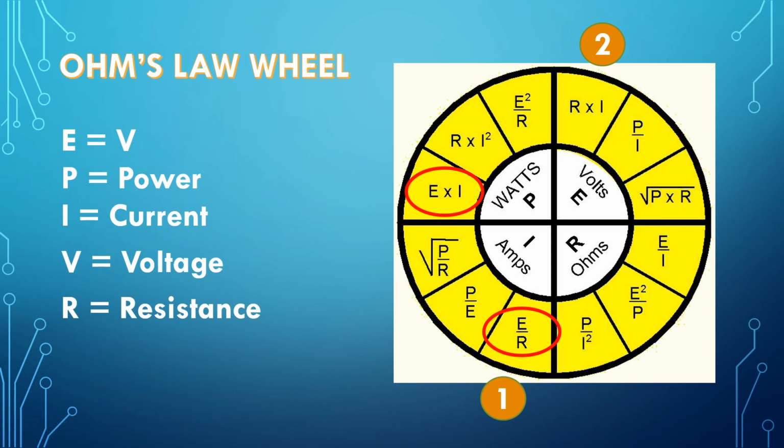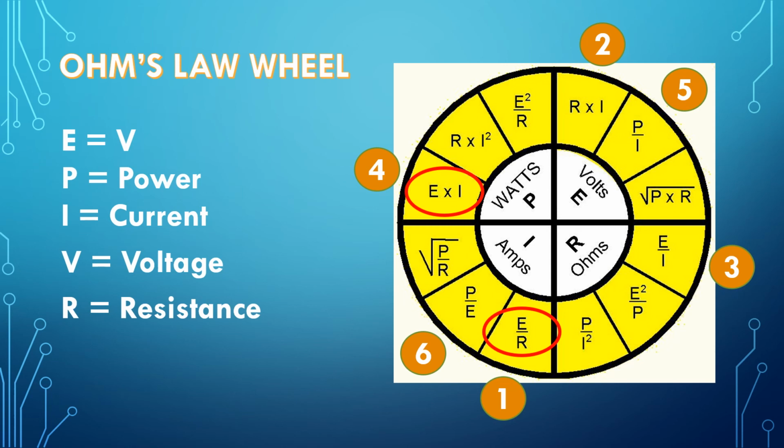And also number two formula was derived from the Ohm's law formula. Number three also from the Ohm's law formula. Number four is our basic power formula, V times I or E times I. Number 5 also came from our basic power formula, the same with formula number 6.